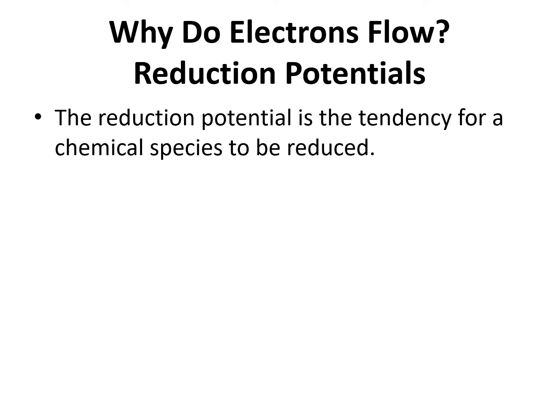Why do they flow? We've seen this before. The reduction potential is simply the tendency for a chemical species to be reduced. We have talked in class about how that is a characteristic of the particular chemical species, of the particular molecule. Some have more of a tendency to pick up electrons than others.